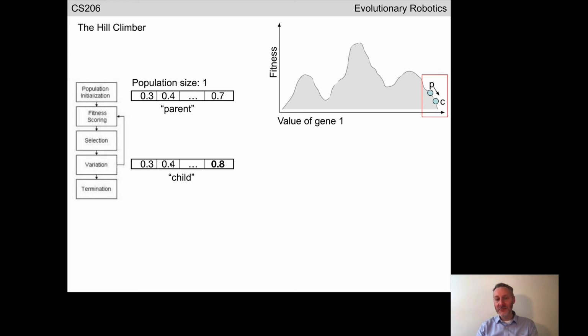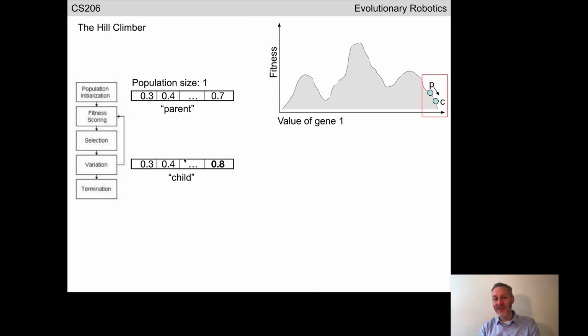Because the gene values are different, that means that this child vector is going to exist at a different horizontal position in the fitness landscape. Again, I'm simplifying things over here so I can draw it. If we have multiple genes here, we would have a high dimensional fitness landscape, but I'm just simplifying things so we can draw it.